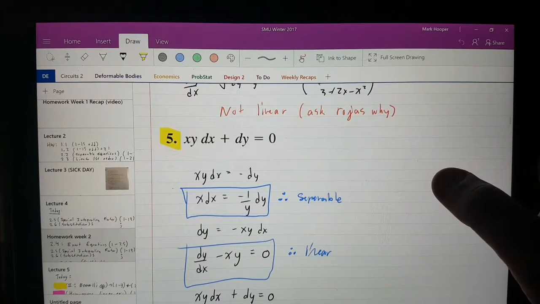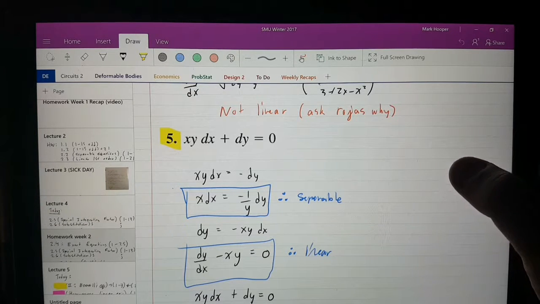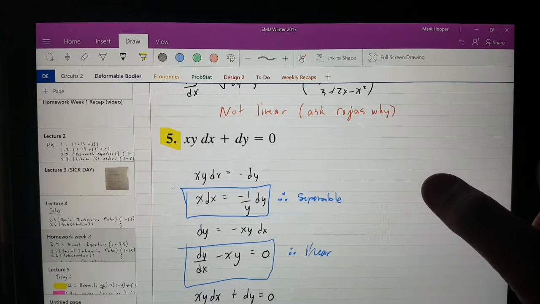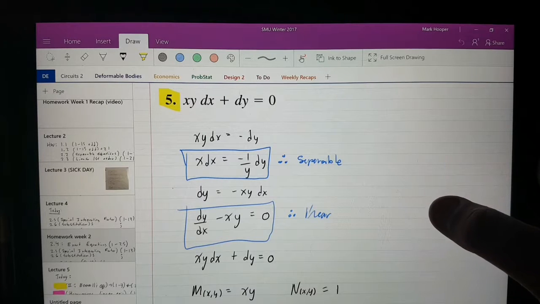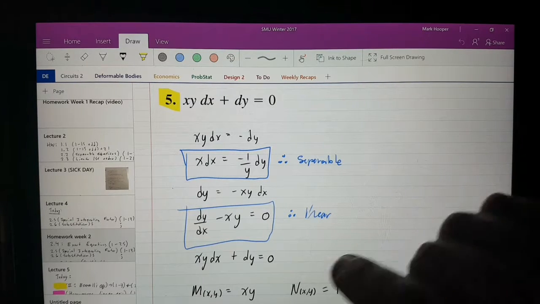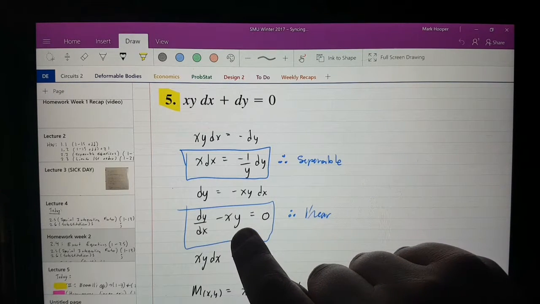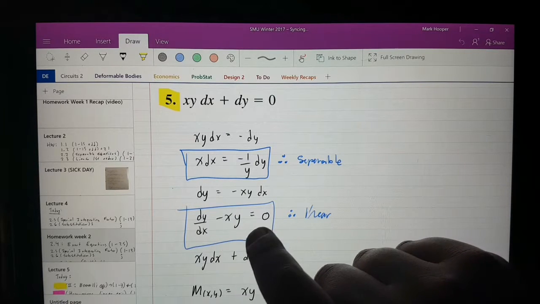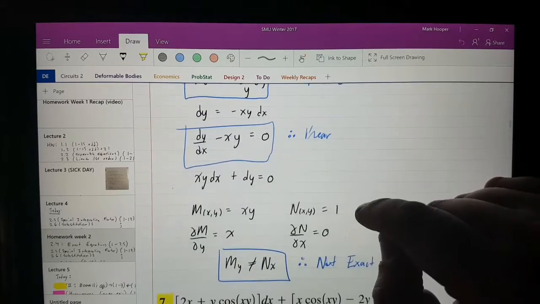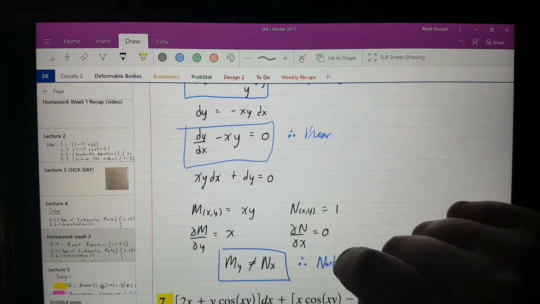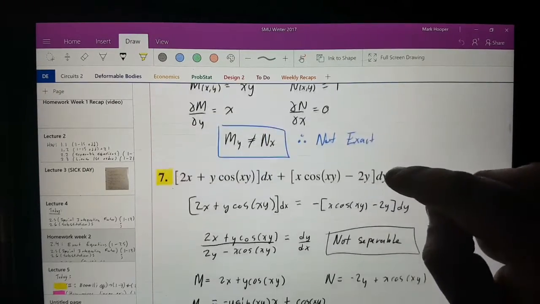Anyway, so xy dy/dx. Well, this is separable because you can separate the 2, get the y's on one side and the x's on the other. It's linear because in this case we've got dy/dx, and then y times a function of x equals 0, or a function of x, and we can do the partials and find that they don't equal the same thing, so it's not exact.